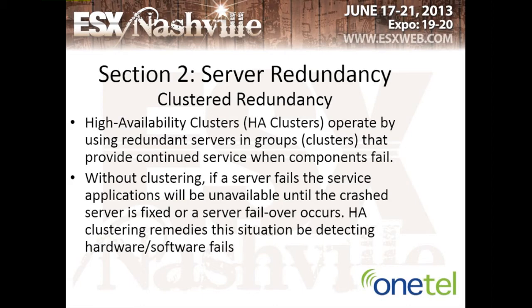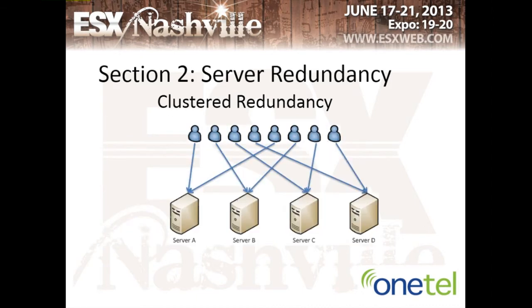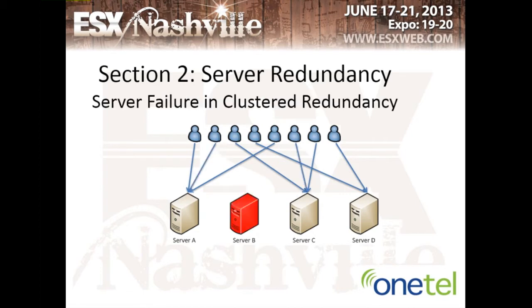So as you have 20 people accessing a server cluster, 5 might be on server A, 5 on B, 5 on C, 5 on D, hence increased performance without the expense of heavy hardware. If one of those clustered servers goes down, the users go to the other 3 available servers without a productivity loss. Now, this basically shows what a clustered environment does. And then if you have a failure on server B, as you can see, the load automatically shifts to the additional servers left in the cluster.